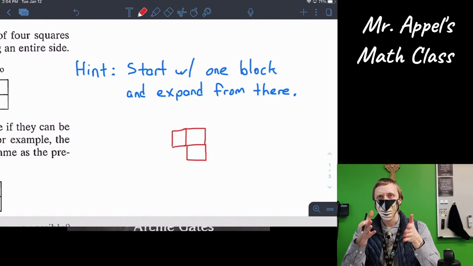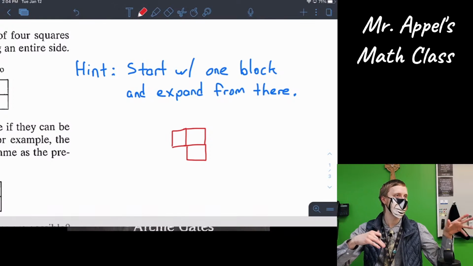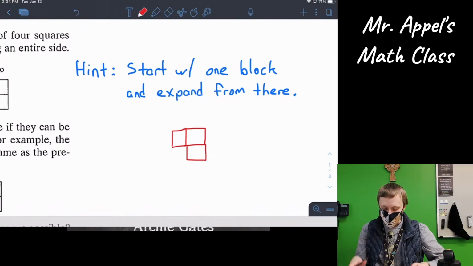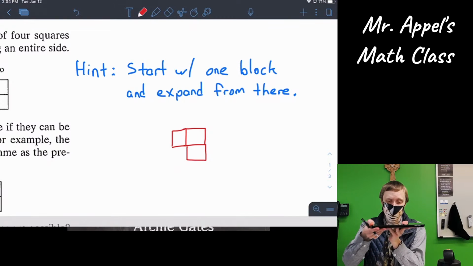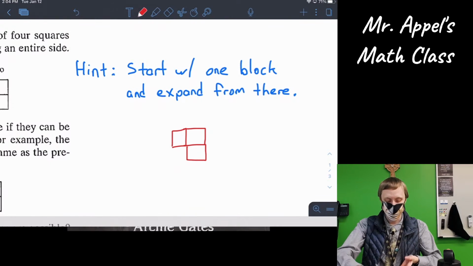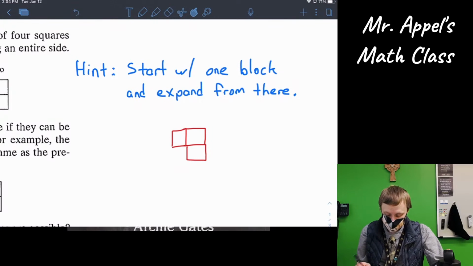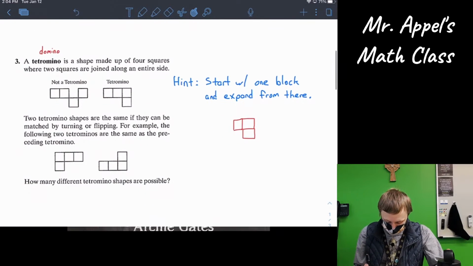And this will help you guide and sort them rather than just randomly grabbing 4 to go this way, 4 that way. Wait, did I do this one already? Is this the same? It really does help if you have a physical piece of paper because you can pick it up and then turn it around and say, oh, yep, that's the same guy but just upside down, right? So that's my hint for you on the tetromino problem.